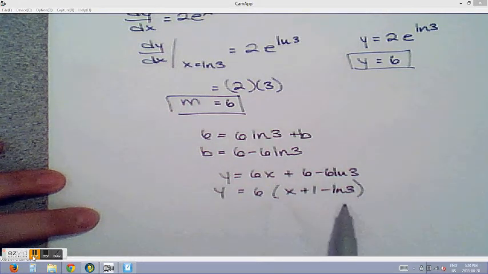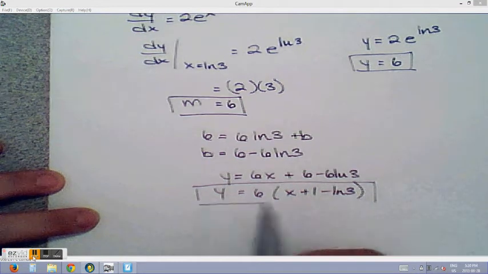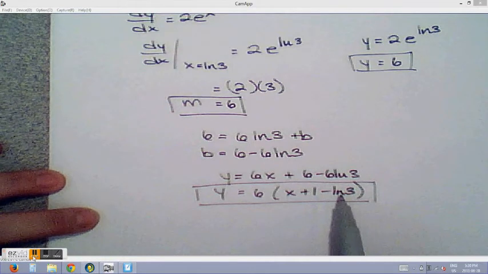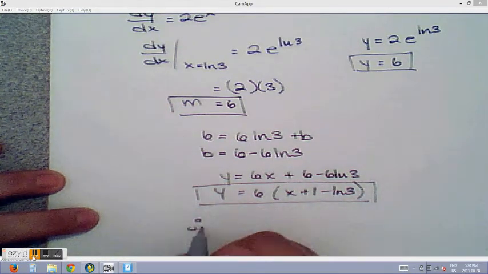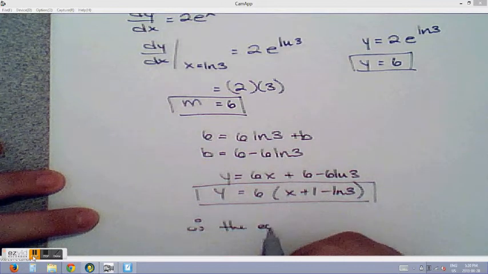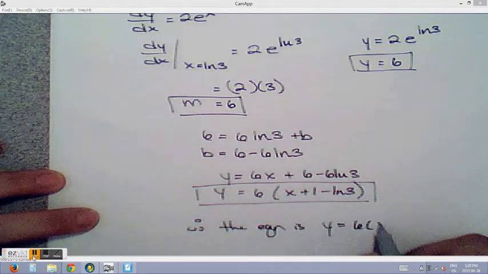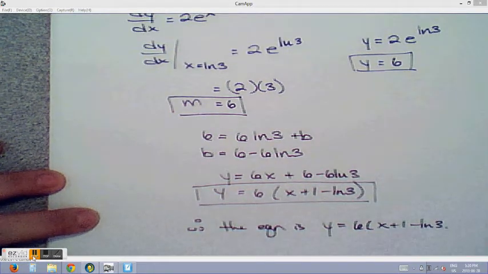So ln 3 is an exact value, and I would probably just leave it as such. Therefore, the equation is y equals 6(x plus 1 minus ln 3), and that is how you solve that question.